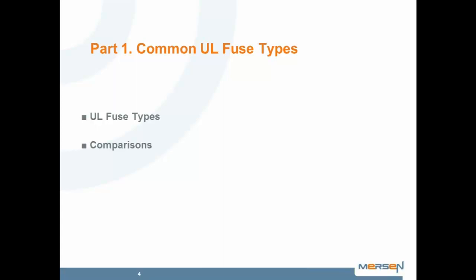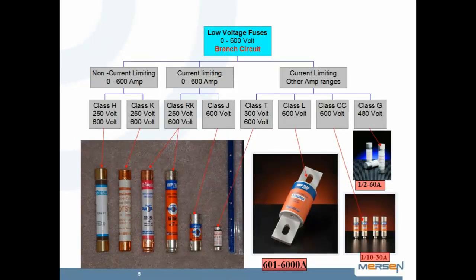So we are going to start with common UL fuse types, and we are going to do some comparisons of the common ones. The low voltage fuses most commonly in play are the code fuses, code dimensions, like class H, class K, class RK, class J, class L, and class CC.